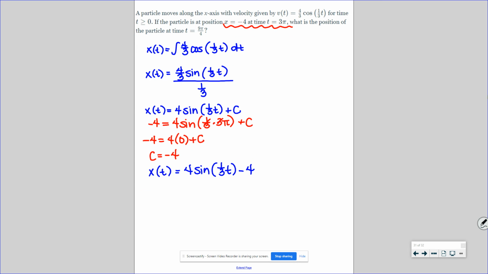Then you're going to evaluate the position of the function at the time 9 pi over 4. So you'll be plugging in 9 pi over 4 for t. Okay, and then simplify in the parentheses. So 1/3 times 9, that's going to make this 3 pi over 4.